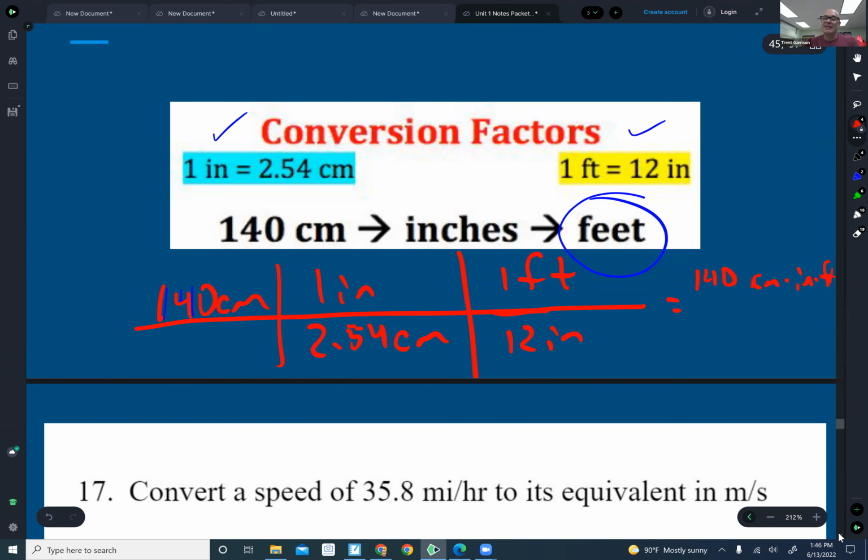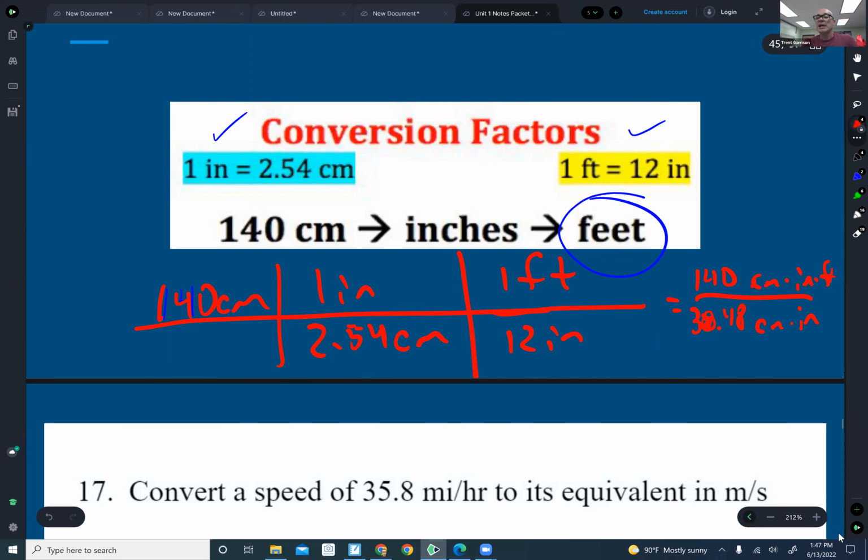Feet divided by 2.54 times 12 is 30.48, centimeter inch.